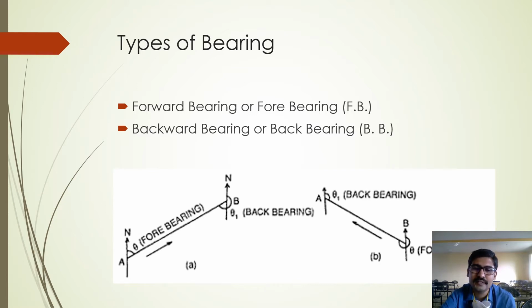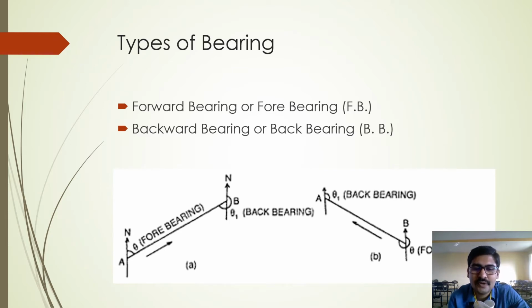That is why theta is the fore bearing of the line. In the same line, there is a point B, which is the end point of the line, and there is also a north line shown vertical. North will not change its direction, isn't it? So if at point A it is vertical, at point B it should be vertical. If north is shown at B as vertical, look at the angle shown as theta 1.